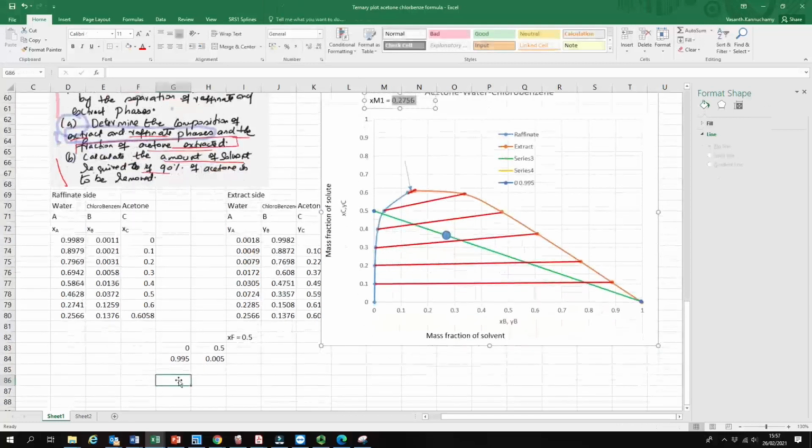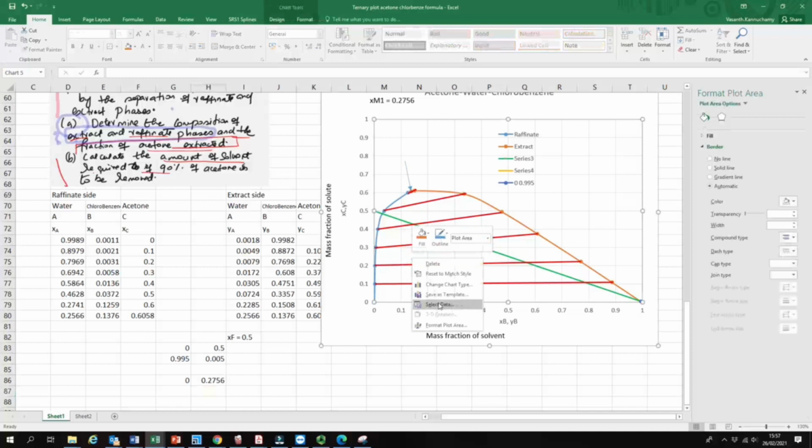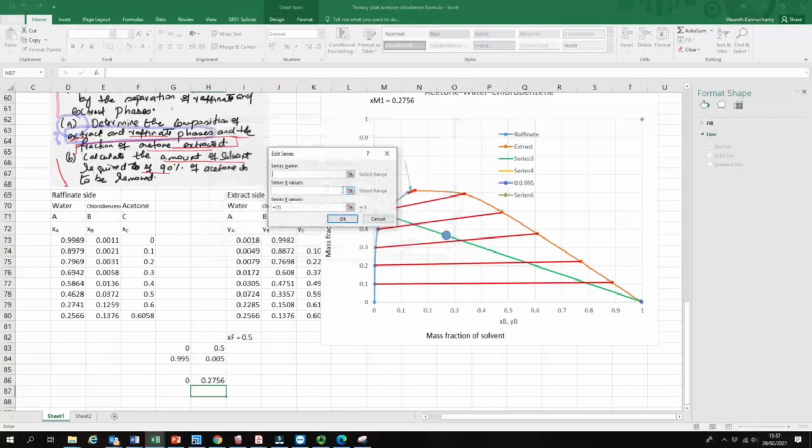I'm going to use the simple one: x is 0, y is 0.2756. You can use your hands. If you are using a graph sheet, you can count like 0.1, 0.2, 0.21, 0.22, 0.23, 0.24, something like that. Since I'm using an Excel sheet, I try to use the other way around.